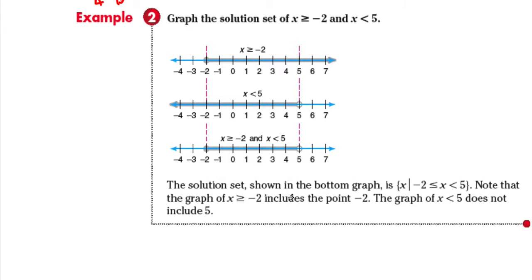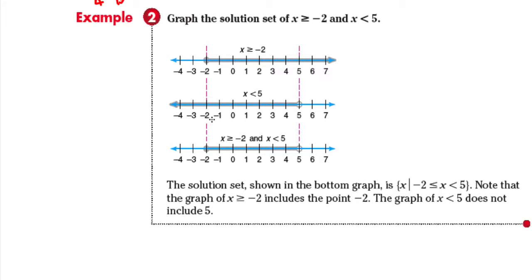The solution set shown in the bottom graph is x such that -2 is less than or equal to x, which is less than 5. Note that the graph of x is greater than or equal to -2 includes the point -2, and the graph of x less than 5 does not include the value of 5.